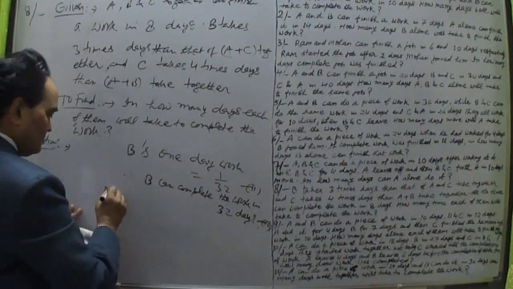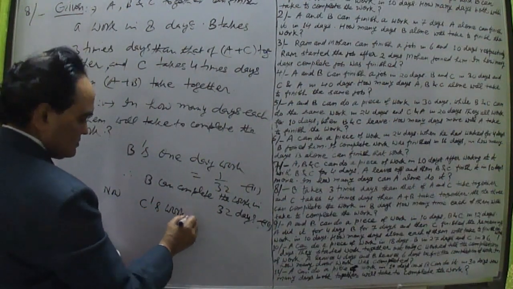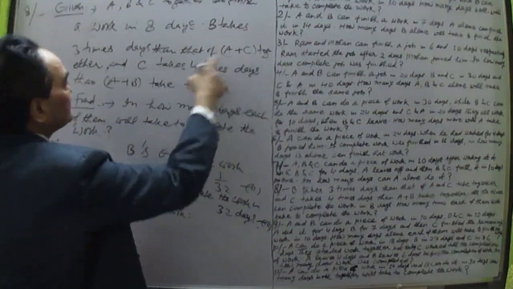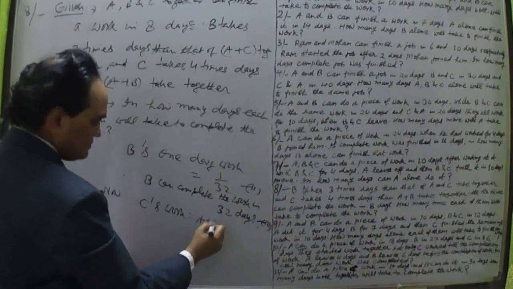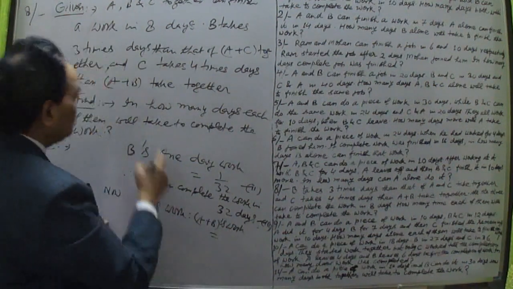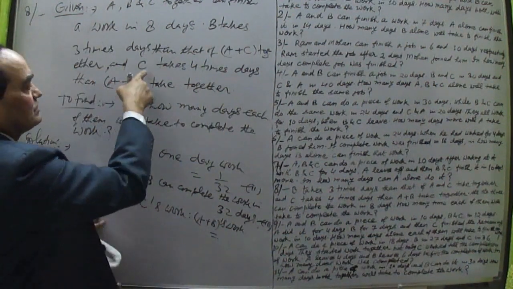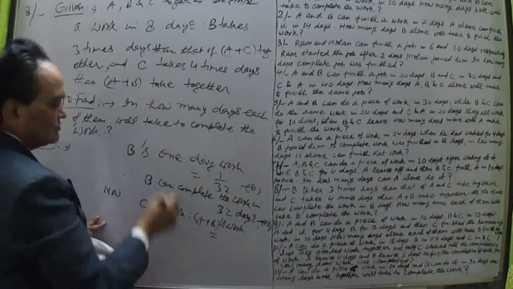Now C's work to A plus B's work has a relationship of 1:4, because they say C takes 4 times the days that A plus B take together.